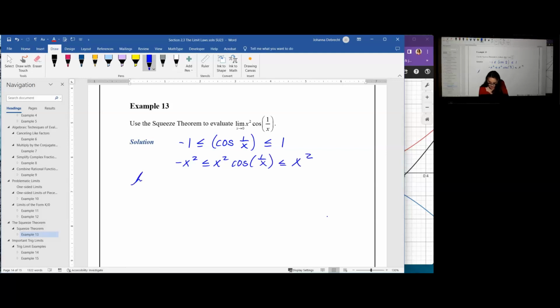And then you establish that the limit as x goes to 0 of -x squared equals 0. And that's also the value of the upper end function, x squared. And then you say, thus, by the squeeze theorem, it should read like a paragraph.